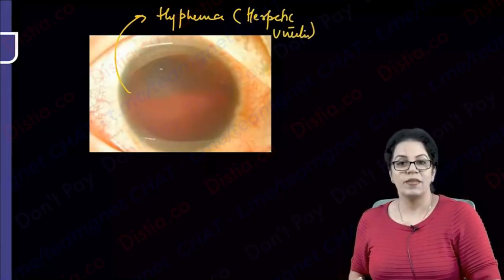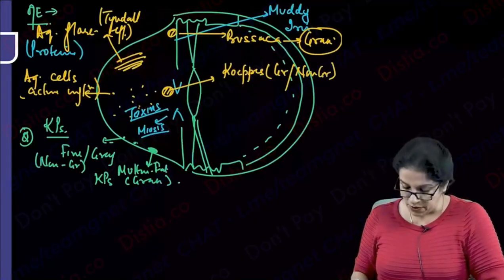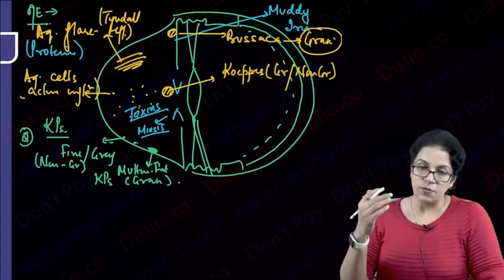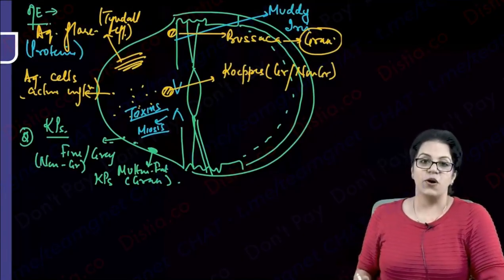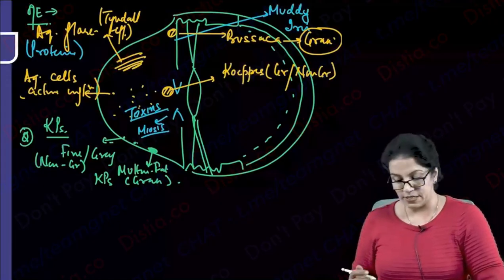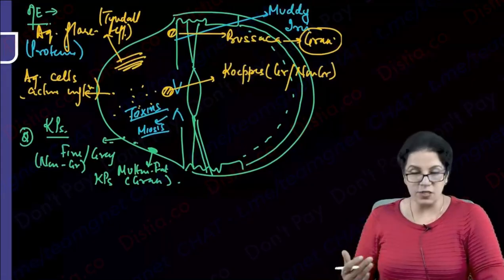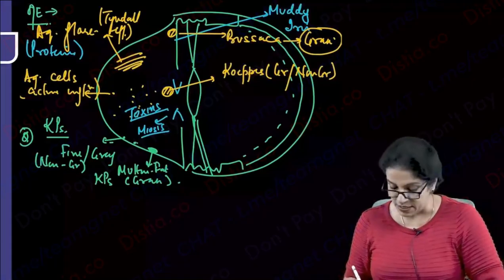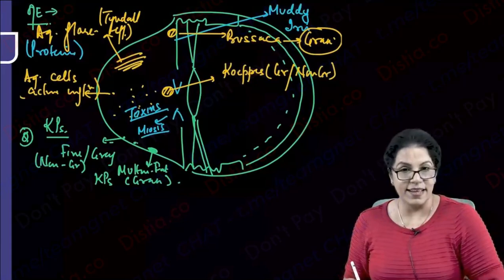Okay. What else? What are the other features? Let's keep drawing here. What next will happen? Suppose the patient has not presented to you, or the treatment is insufficient, or has not started for whatever reason. If the inflammation progresses, the next thing that is going to happen is this iris is going to get adhered to the lens.